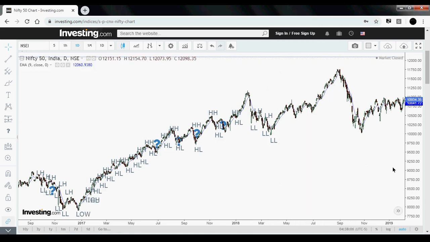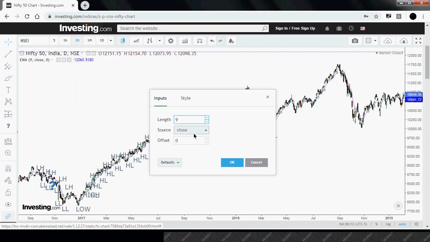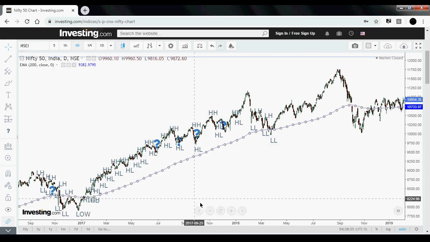We'll plot the 200 period moving average here, and that will define our long term trend. Now this is the long term trend of the market.